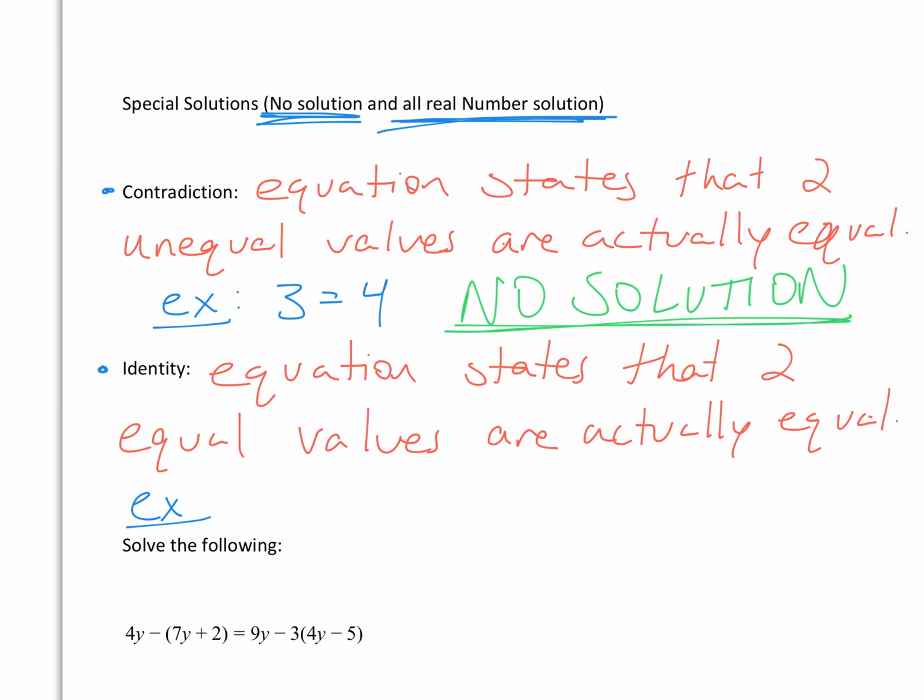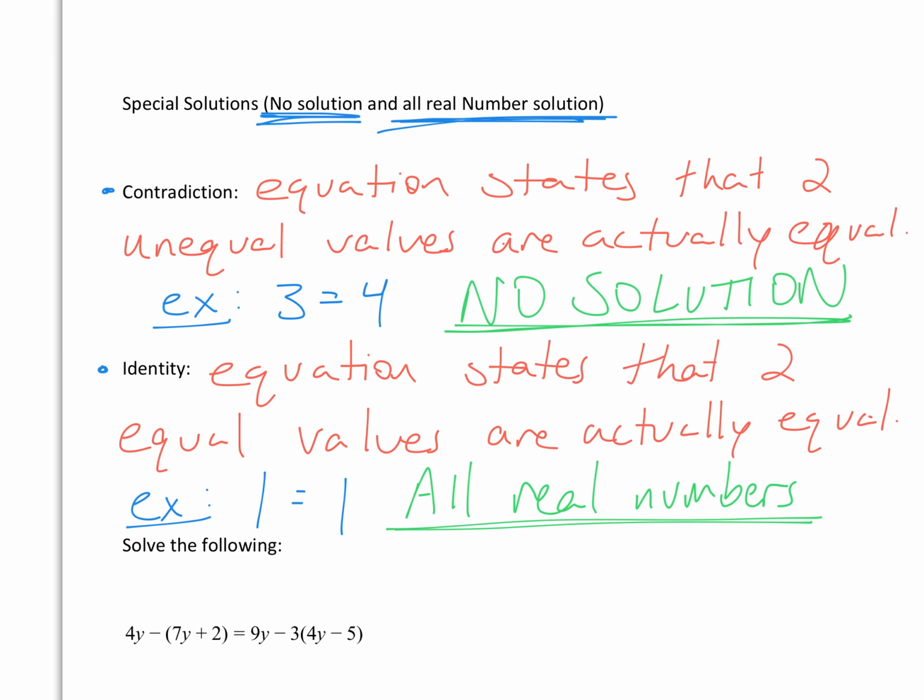If you are solving an equation and all of a sudden you get the value 1 equals 1, well, yeah, 1 equals 1. What that tells you, since you got an identity, is that the solution is all real numbers. All real numbers.